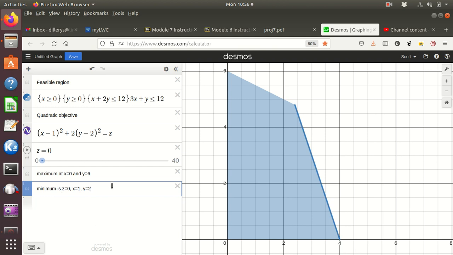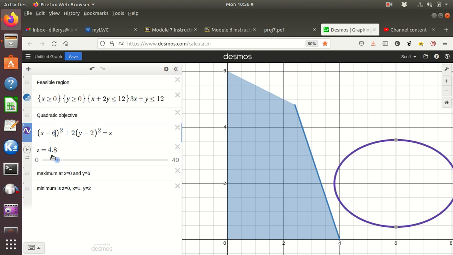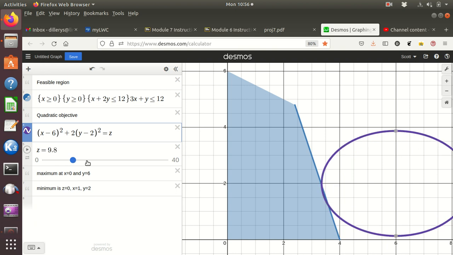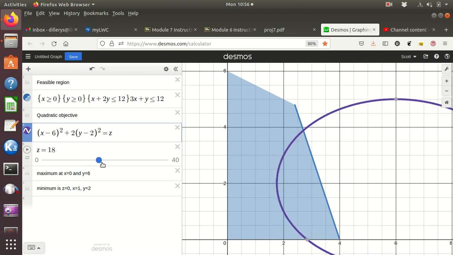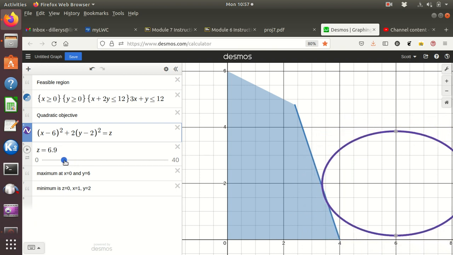So that's a possibility for an objective. It may look like that. Now I can change these up a little bit. I may have something like this, in which case this changes things a little bit. As I make z bigger, it does this sort of thing. Now, if I wanted to minimize z in this case, it's right in here somewhere.